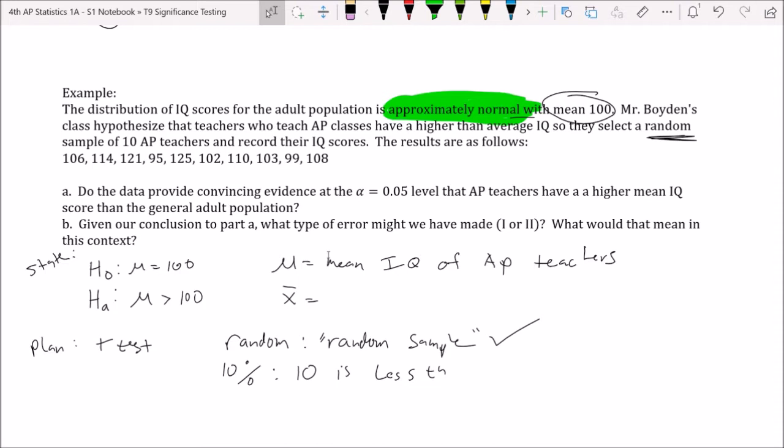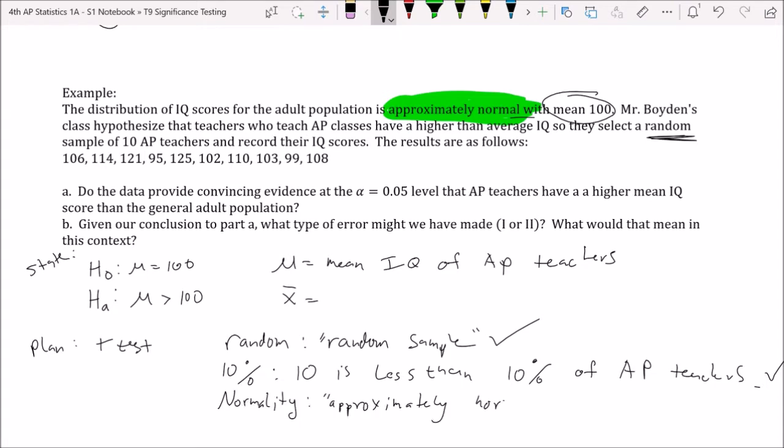And then for the normality condition, oh, don't forget your check mark over here. And then for the normality condition, we're going to say they gave us the phrase approximately normal. And so we are good to run this test.